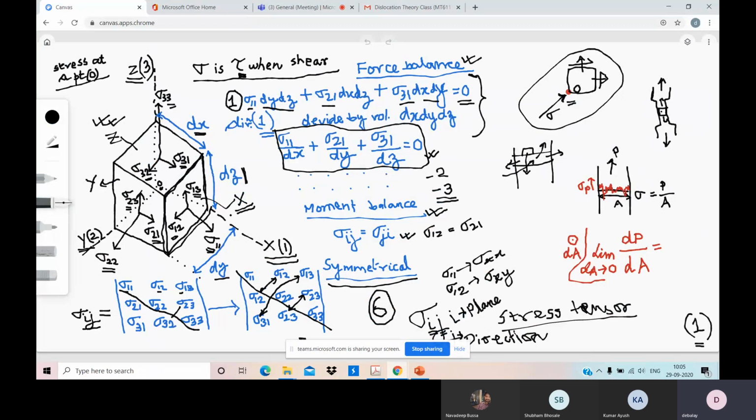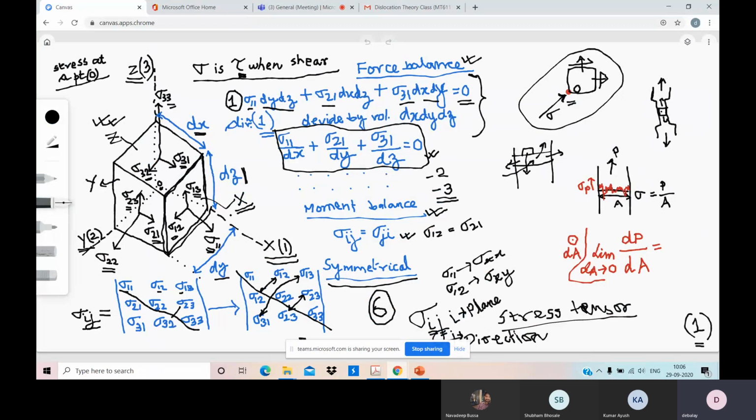acting. Now, for the body to be under static equilibrium of forces, because I said that there can be 2 different situations, a body can be under dynamic equilibrium like a moving car. So in dynamic equilibrium, stress doesn't develop, so deformation possibility is not there. But if it is under static equilibrium, it is stationary and you are applying stress, then there needs to be force balance and moment balance.